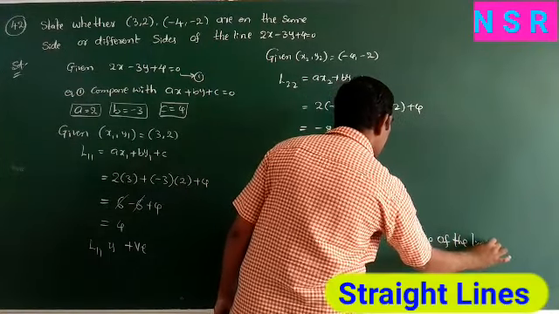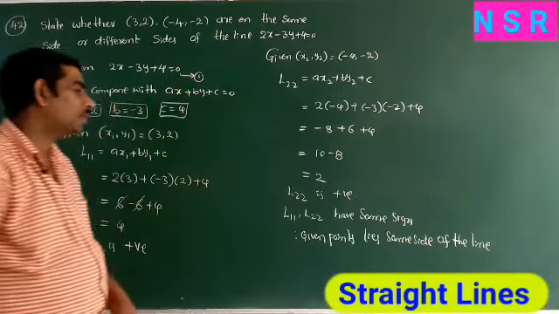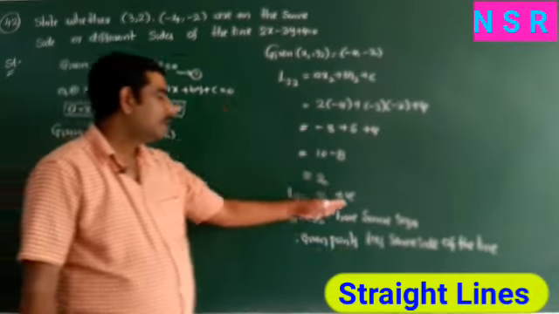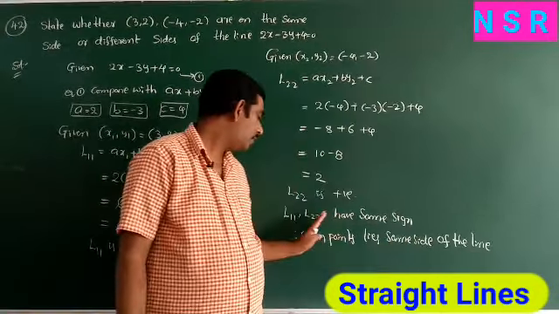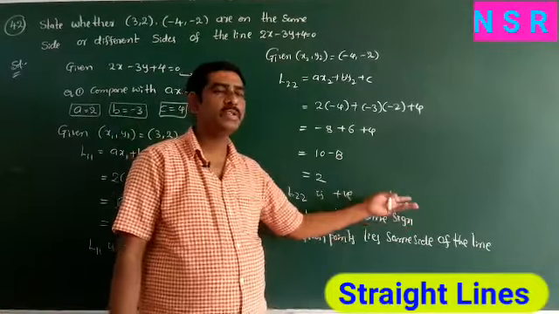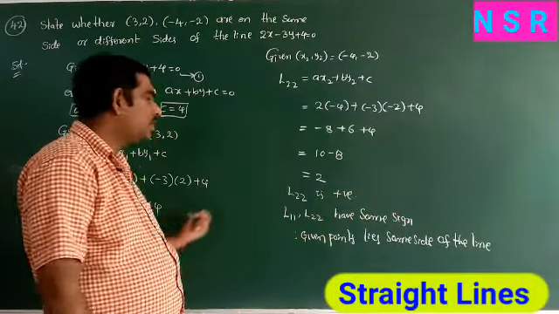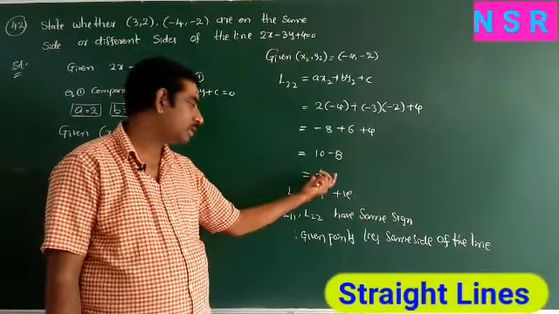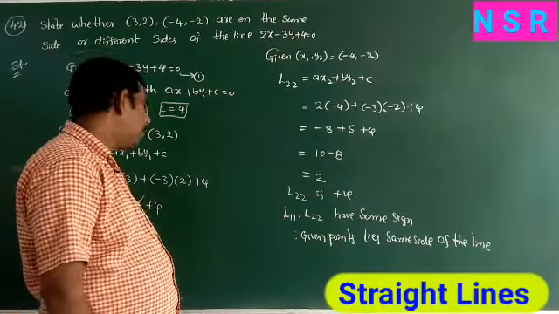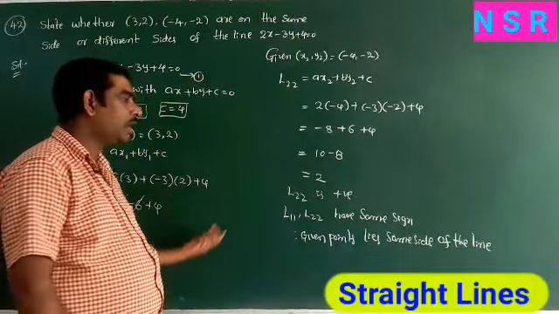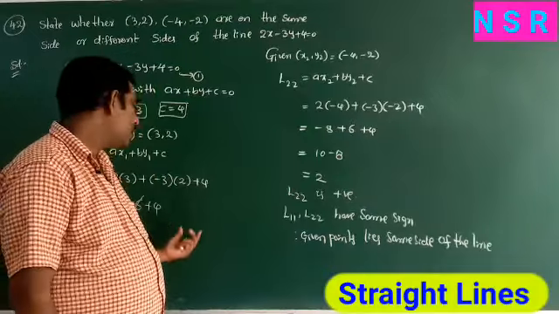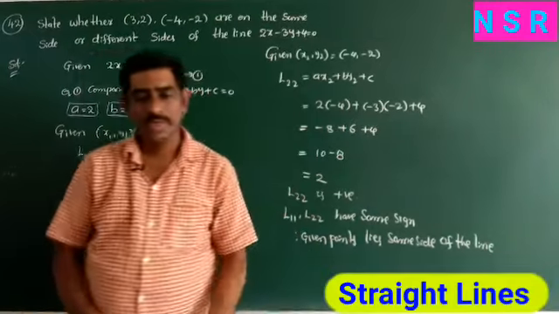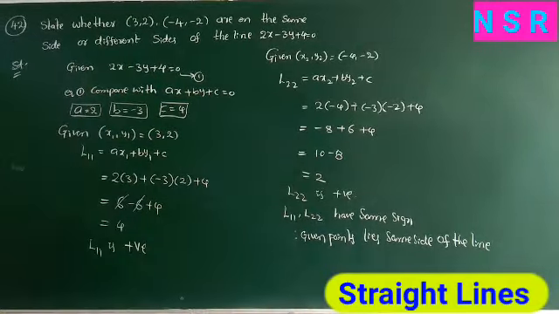So this is the concept. If L11, L22 have the same sign, the points lie on the same side. If L11, L22 have different signs, meaning one positive and one negative, this is negative and this is positive. If both have plus, same sign. If both have minus, also same sign. So if L11, L22 have the same sign, the points lie on the same side. If we have different signs, the points lie on different sides of a line.